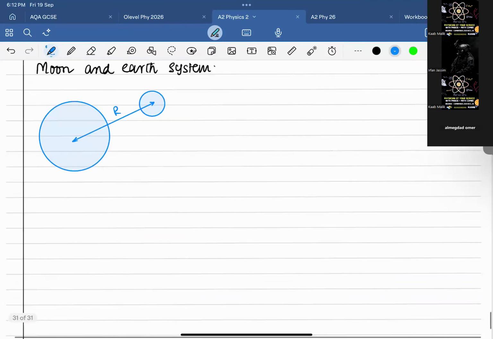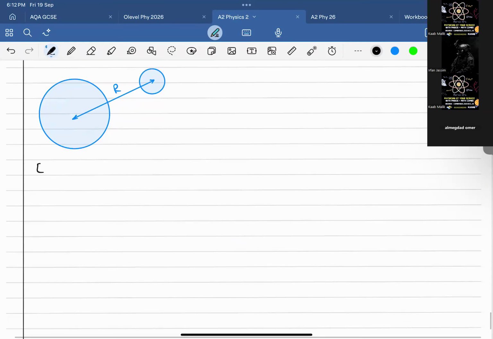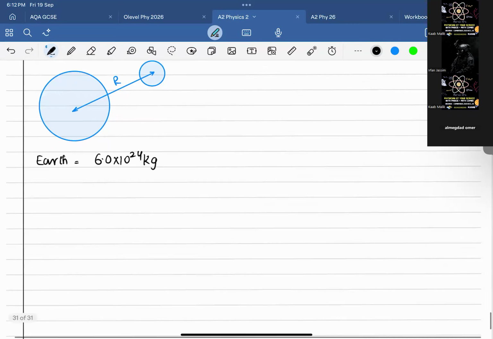The Earth has a mass of 6.0 times 10 to the 24 kg, and the Moon has 7.4 times 10 to the 22 kg.